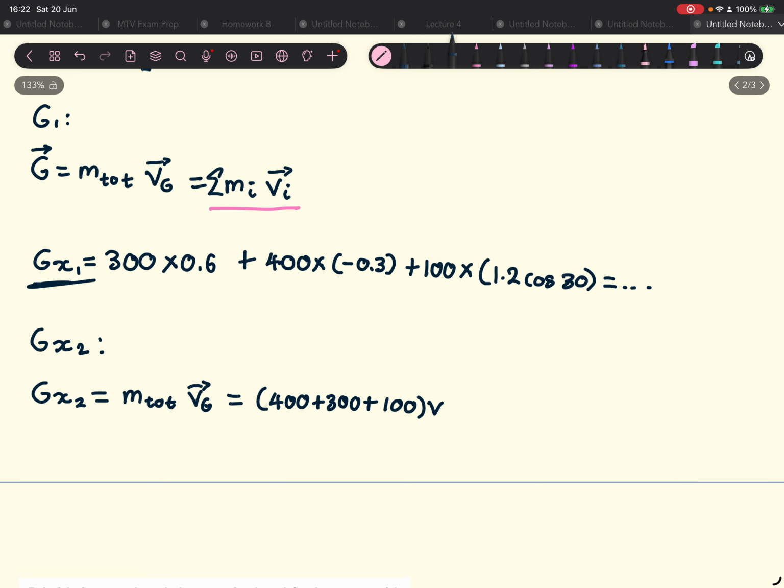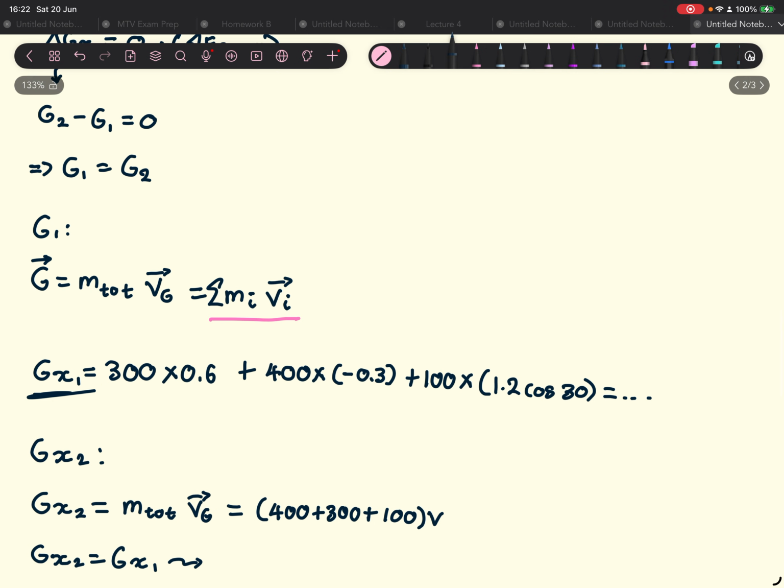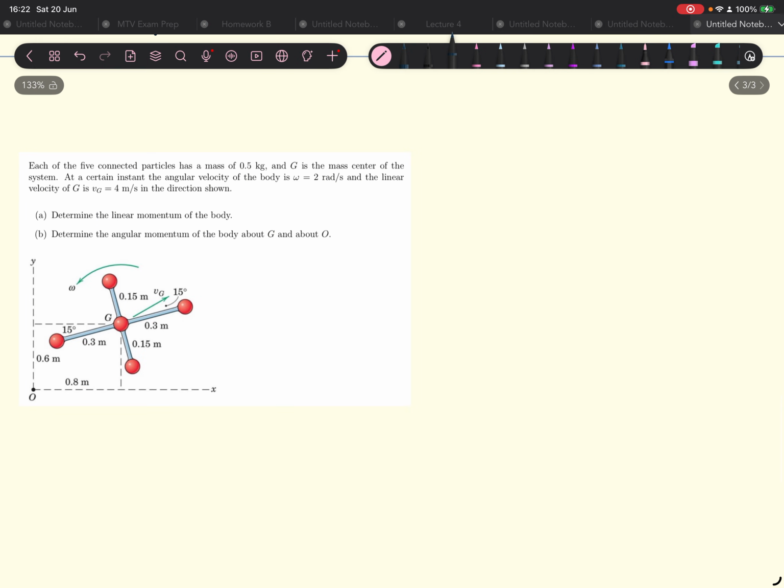So that's gx2. And since momentum is conserved, we know that gx2 is equal to gx1. Then we can calculate what gx1 is, substitute this equation for gx2, and solve. Okay, hope that makes sense.